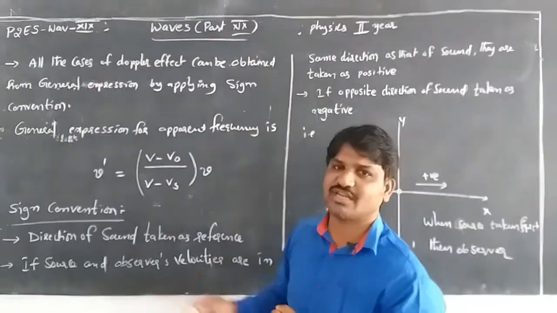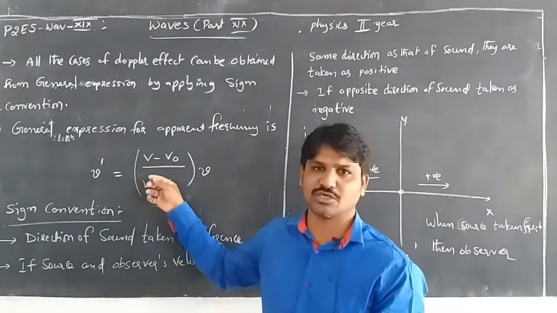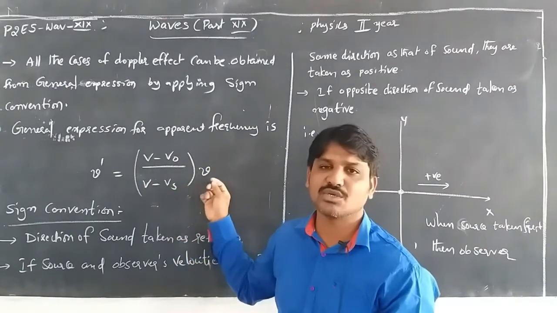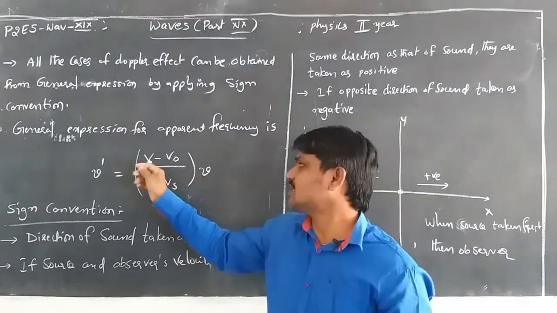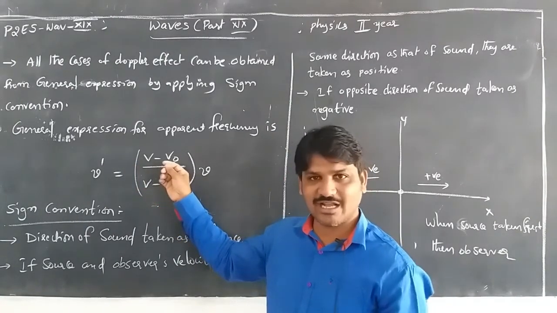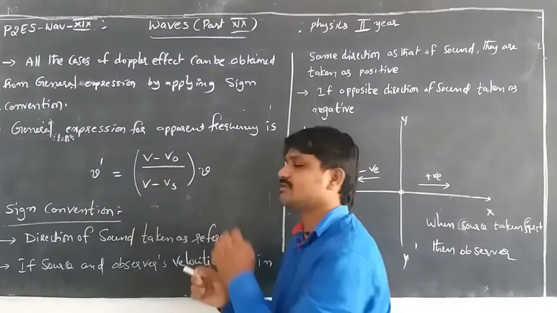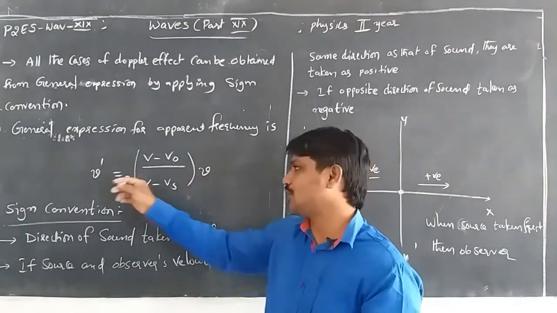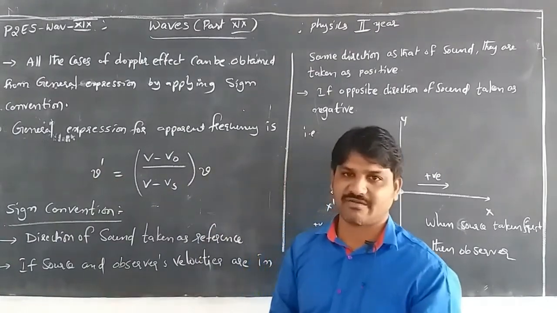The general expression is nu dash equals V minus V naught by V minus Vs, into nu. Here V is the velocity of sound, V naught is the observer velocity, Vs is the source velocity, nu is the actual frequency, and nu dash is the apparent frequency.